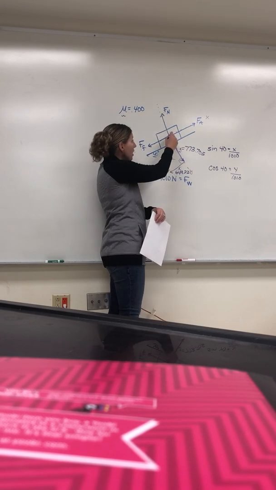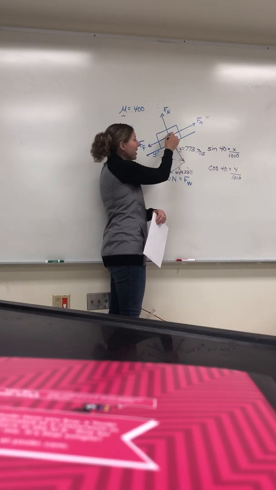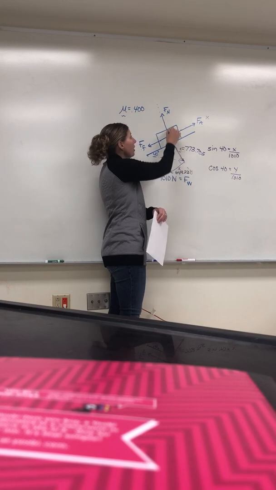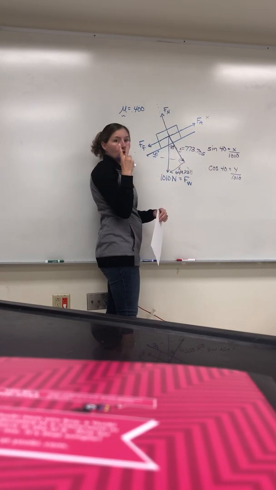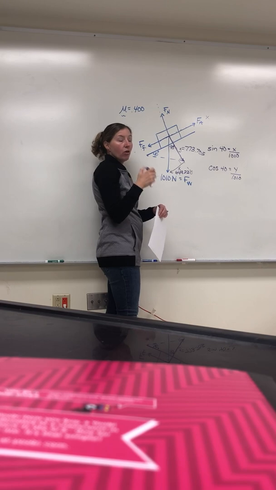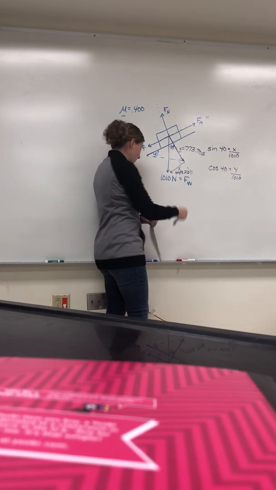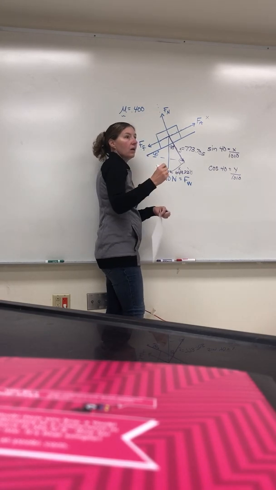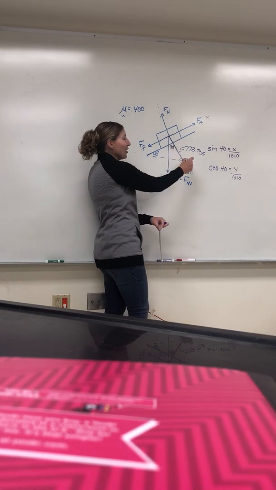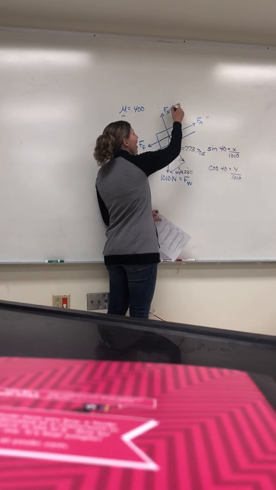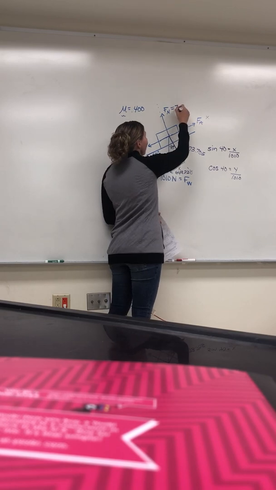You count. Into the board, 1. Out of the hill, 1. So there's 2 total forces acting in the Y direction. If I have into the board 773, I have out of the hill 773.